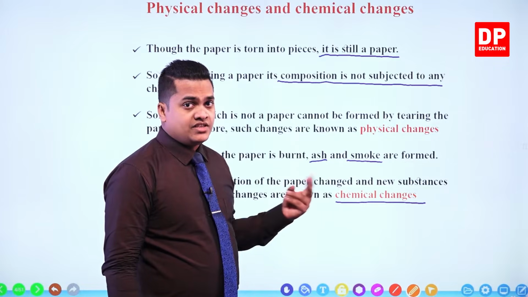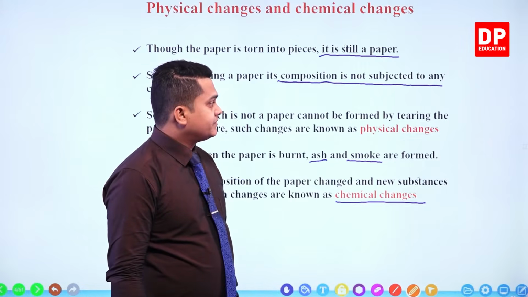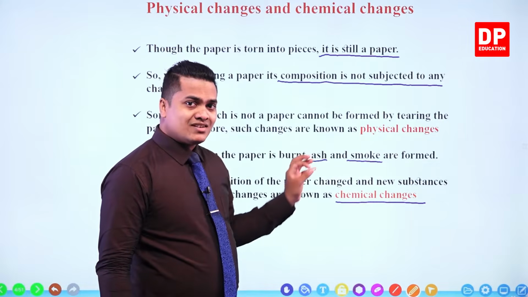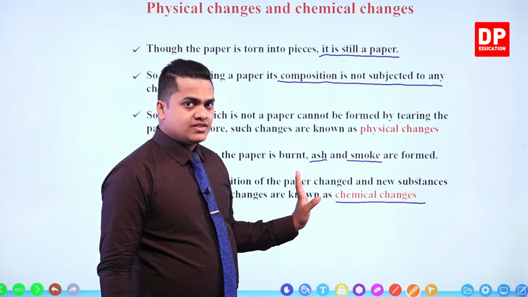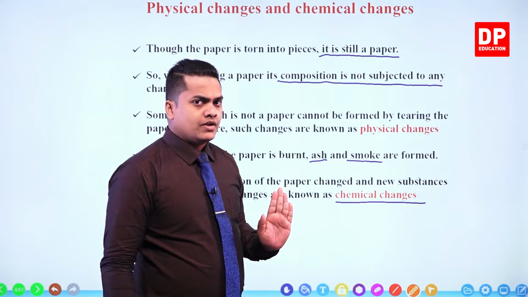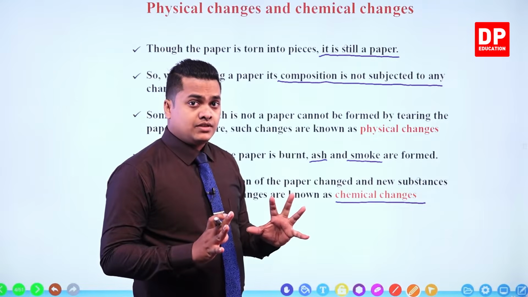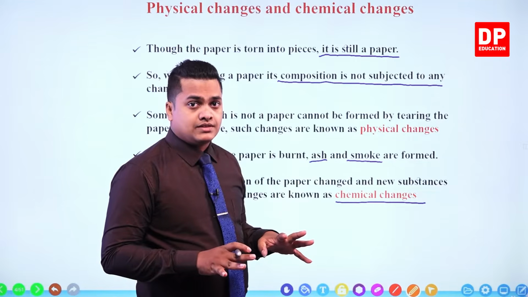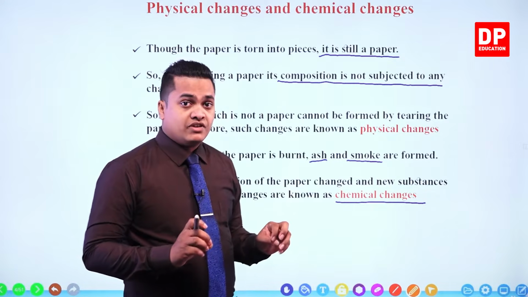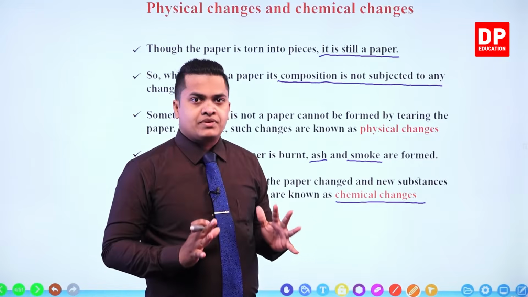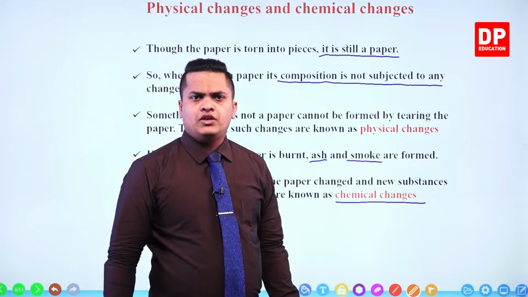Another specialty in these two changes is that physical changes can be reverted back to the original state up to a certain level, my dear children. Not 100%. If you are given a paper and you tear it down, I can't recreate the paper 100%, but up to a certain level, you can.